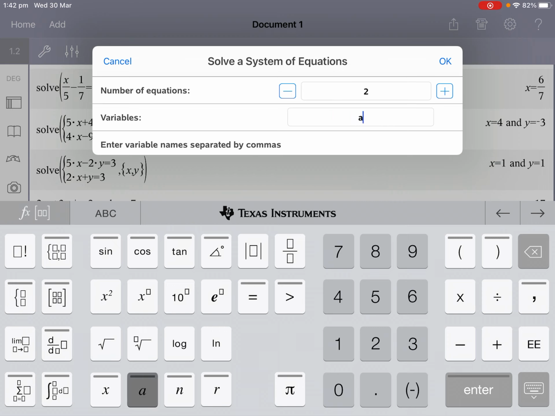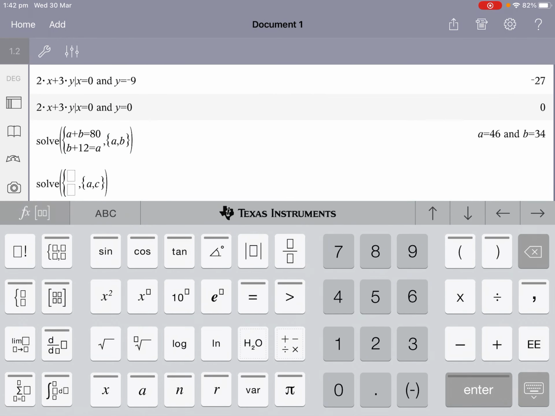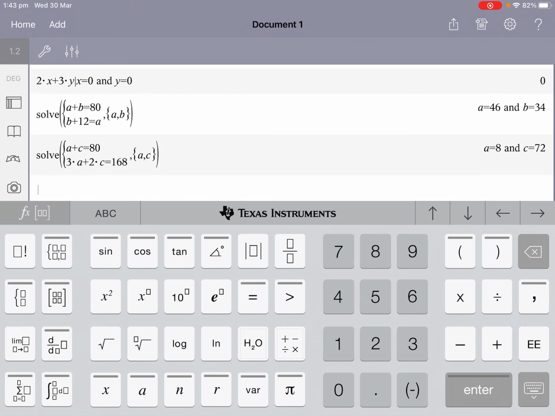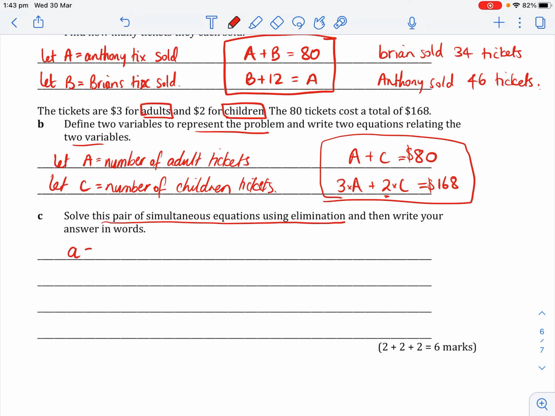We have A and C. My equation was A plus C is equal to 80, and then 3A plus 2C was equal to 168. So we've got A equals 8, C equals 72.